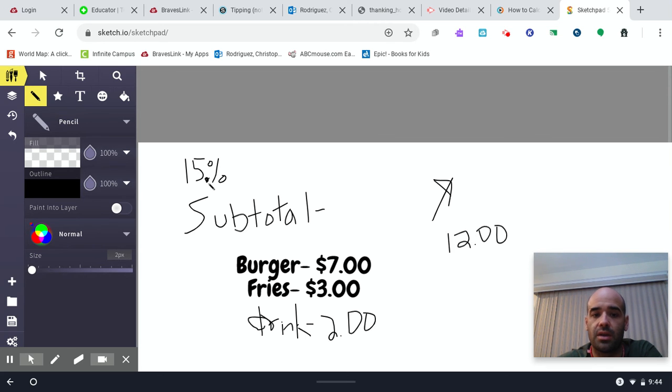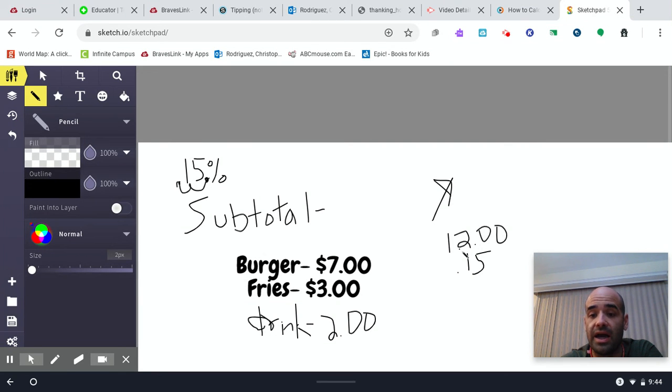So you end up with 0.15. For our purposes, we're always going to be using 15% right now. So 15% is 0.15 when we're using it in a calculator. Really important, that decimal, 0.15.